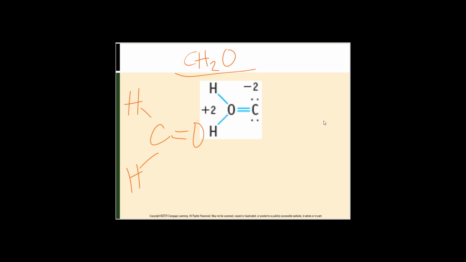So if we had the more electronegative oxygen as the central atom, notice that when we calculated the formal charge, we would find that the very electronegative oxygen atom has a charge of +2, and the carbon atom has a charge of -2.